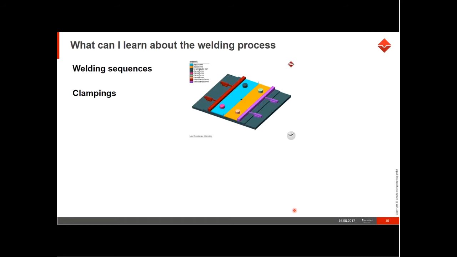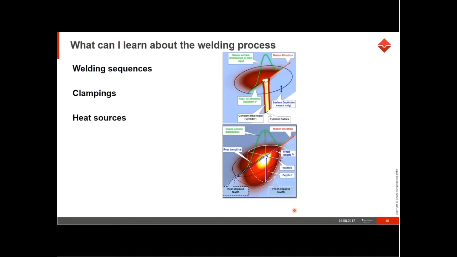You can change, of course, the clamping conditions. You can even use CAD data from a clamping system. So you don't have to rely on our internal methodologies to set up clamping conditions. You can really use real clamping CAD data.